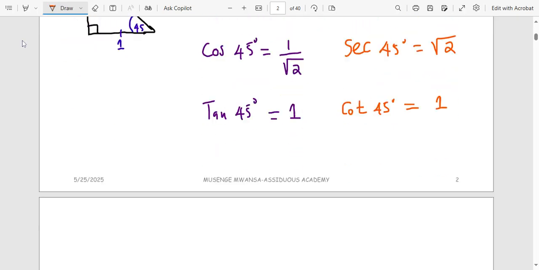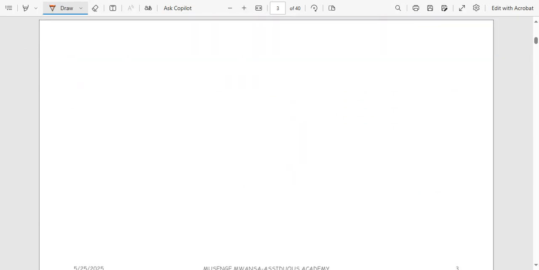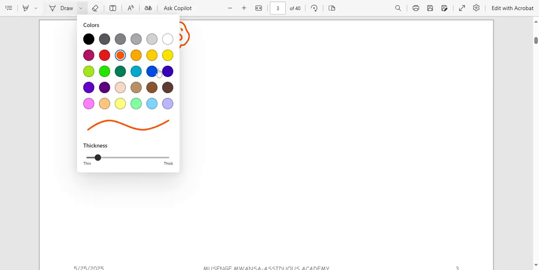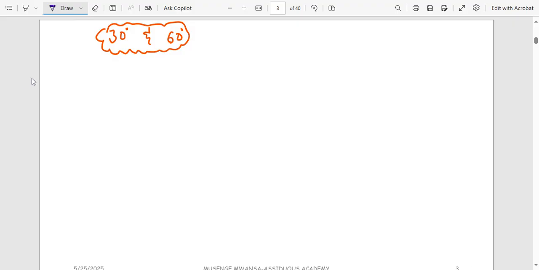When we go to the other special angles, 30 degrees and 60 degrees, for these two we use a different triangle.